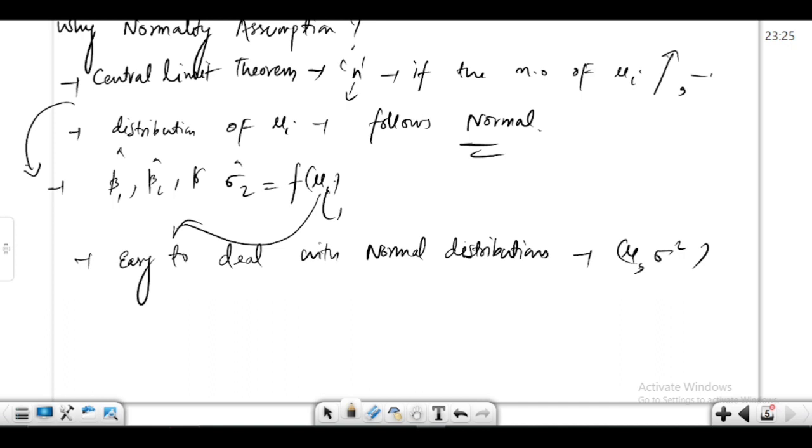It also allows us to use the t, F and chi-square statistical tools. So in our analysis, we can also take the help of the t, F and chi-square tests or these statistics in the regression models.